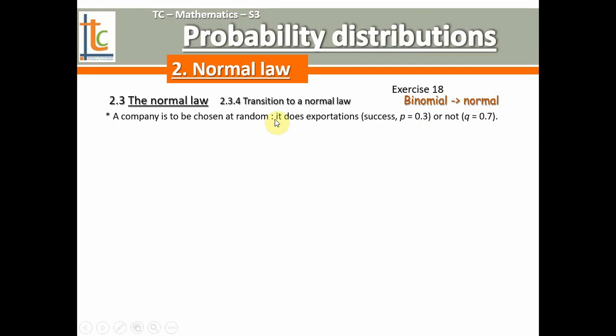Now, you have to ask yourself if you are choosing several companies at random with possible repetition or not. And in fact, if you are asked to choose at random 80 companies, the draw is without repetition.